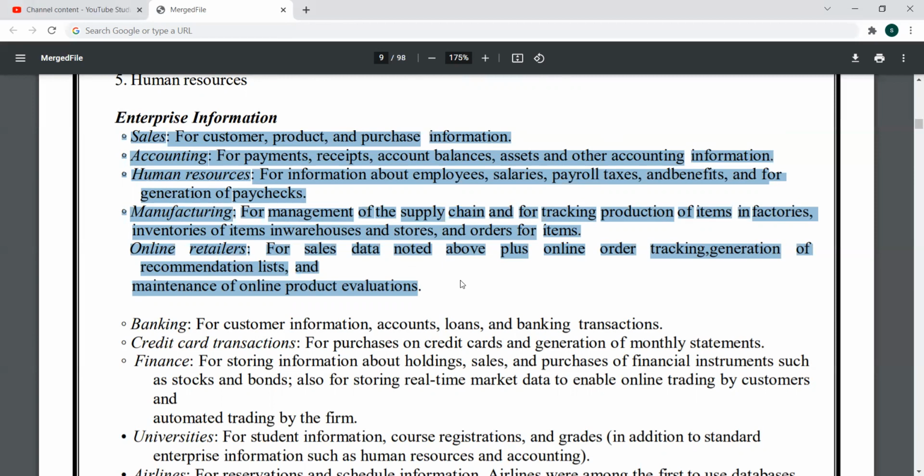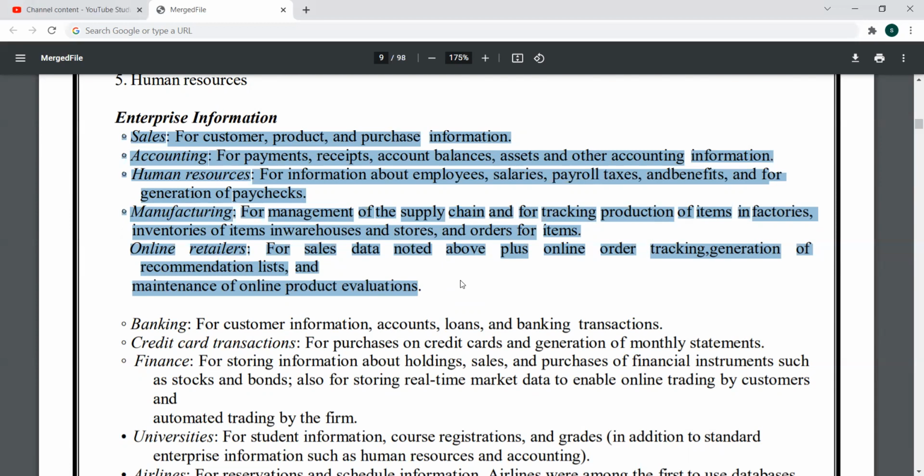Human resources: employee salaries, payroll, taxes, and benefits, and generation of paychecks. Manufacturing: management of the supply chain, tracking production of items in factories, inventories of items in warehouses and stores, and orders of items. Online retailers: sales data, plus online order tracking, generation of recommendation lists, and maintenance of online product evaluations.